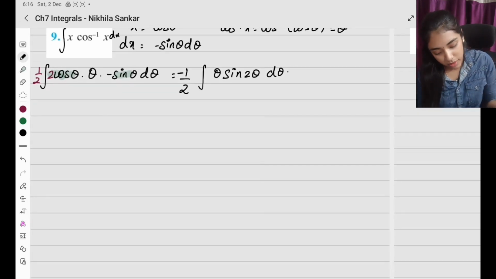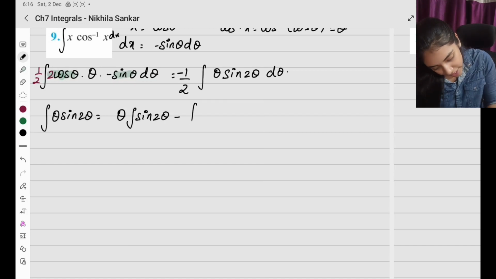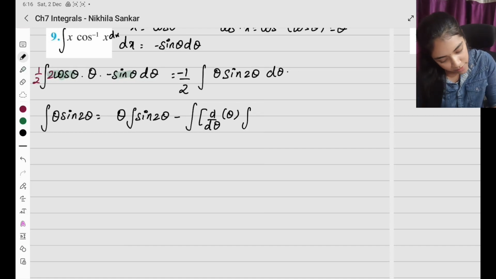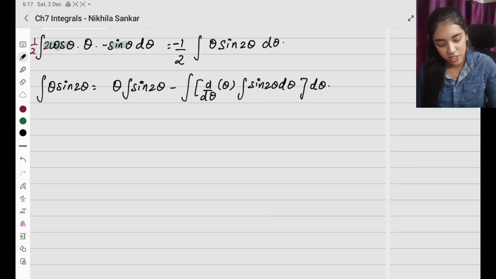Now can we solve the integral? So the integral of theta sin 2 theta is going to be first function, integral of second function, minus open bracket d by d theta of first function, integral of second function close bracket, times d theta. Okay, now my variable has changed from x to theta.